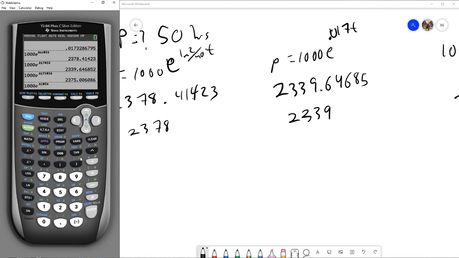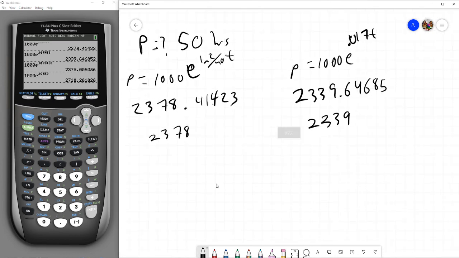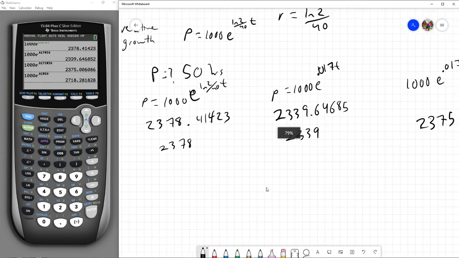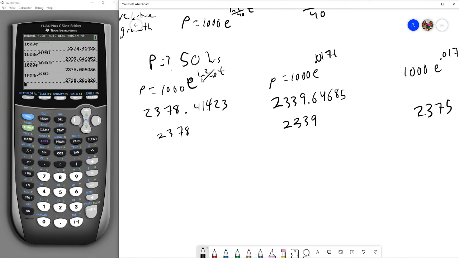This would be very bad to do. Let's see here. That gave us more animals than we had. 40 animals more. Okay, so you can see how rounding gives you all sorts of values depending on how you round it. This is why I like to use the natural log 2 over 40.